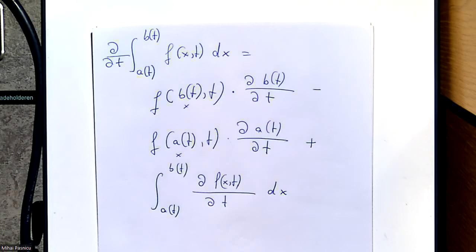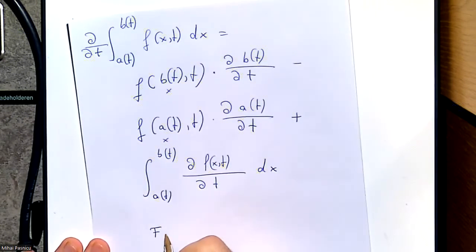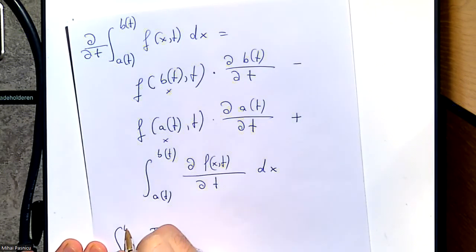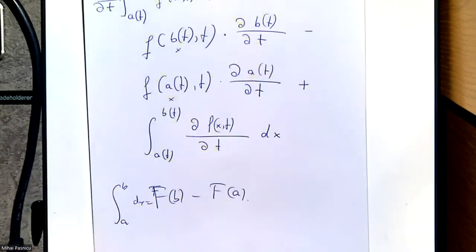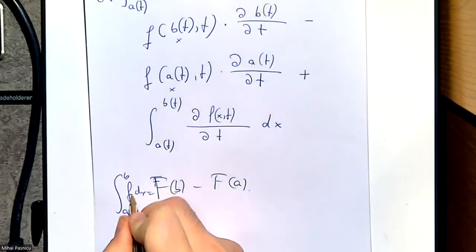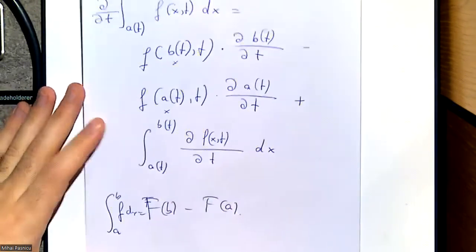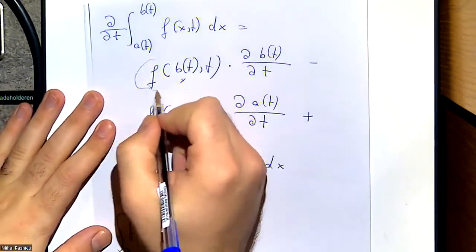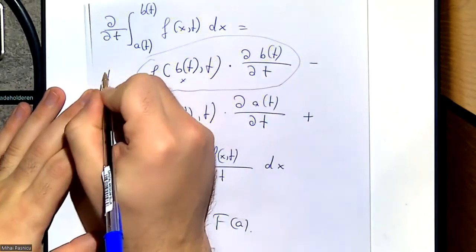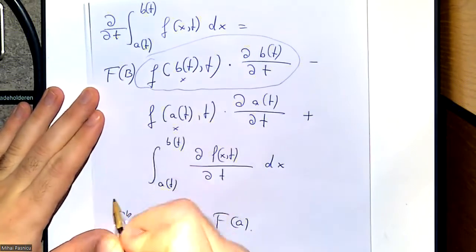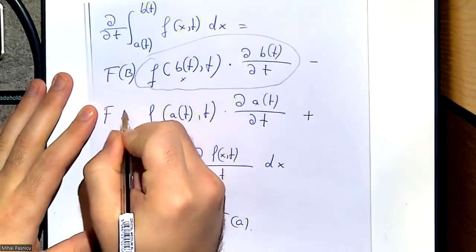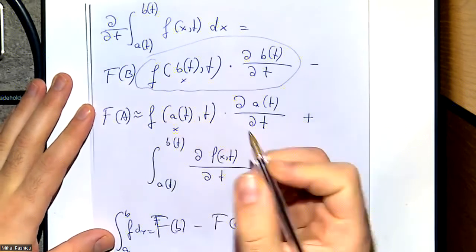The way I tend to memorize it is, remember the value of the integral from a to b of something dx was usually equal to F of b minus F of a. This is how we define the definite integral. So I'm like, okay, this is some sort of f of b, and this is some sort of f of a, approximately.